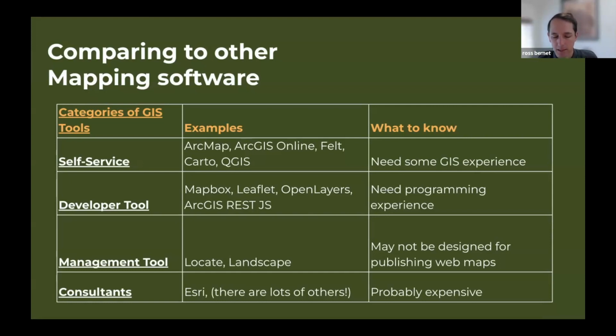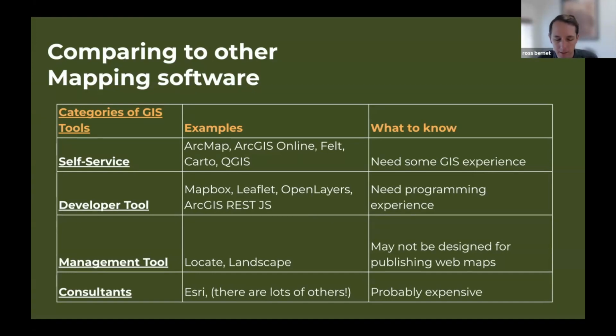Each one of these tools has its pros and cons, is a point we want to make, and it's hard for any one tool to do everything. So it's important to understand what the different tools can do, their limitations, and how you might need help. And then, yeah, there are all these consultants.